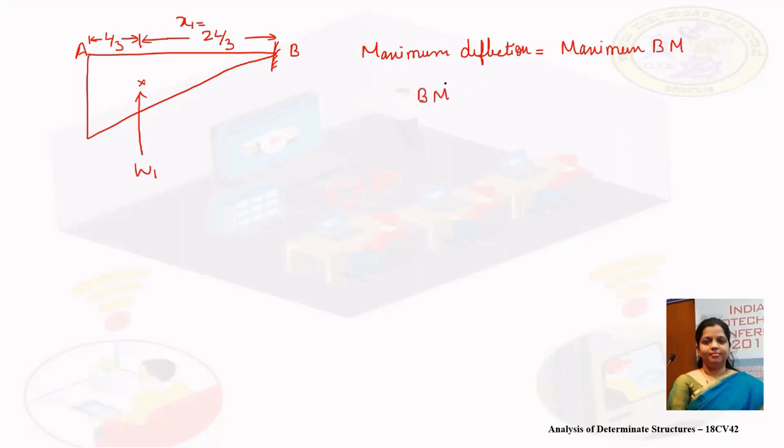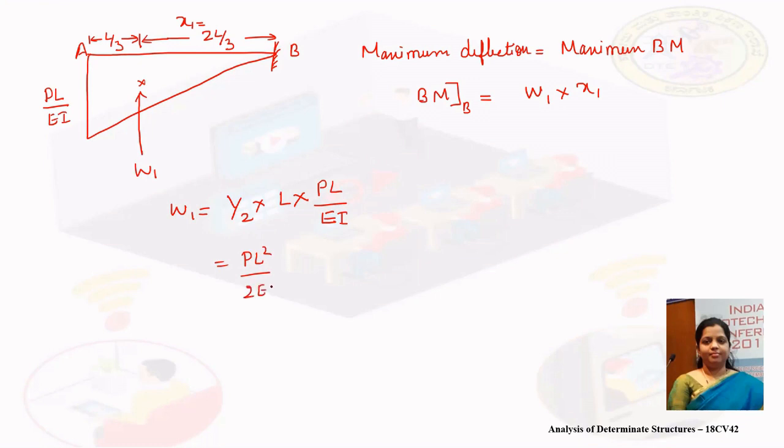Therefore, maximum bending moment at B needs to be calculated. It is W1 into X1. Let us compute W1. W1 is half into base L into height PL by EI. And X1 is 2L by 3.